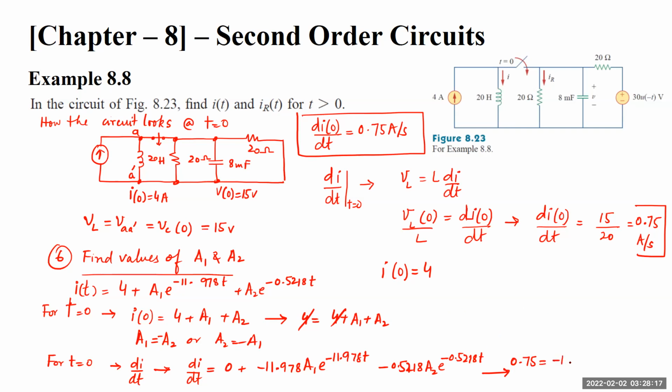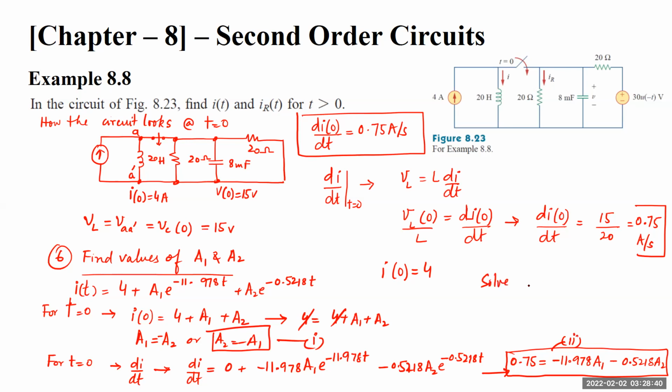We get minus 11.978 A1 and minus 0.5218 A2. This is my one equation, and I call it 1, and the other I call 2. Now solve 1 and 2.